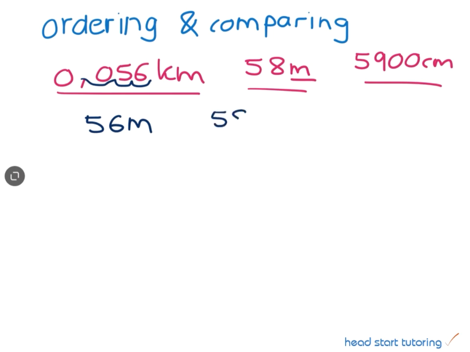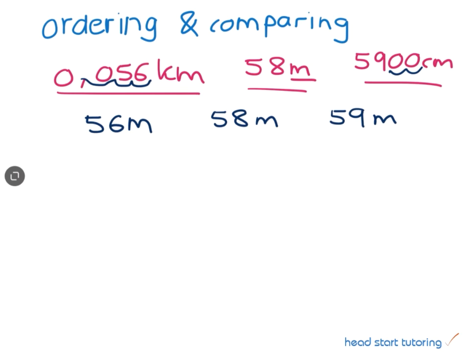Then we've got 58 meters, and then 5,900 centimeters is equal to 59 meters, because we need to divide our centimeters by 100 to get our answer in meters. So as you can see, these measurements are actually already ordered from smallest to biggest.